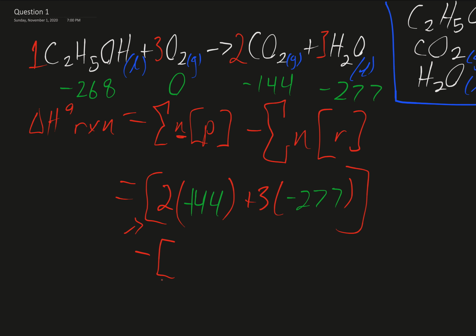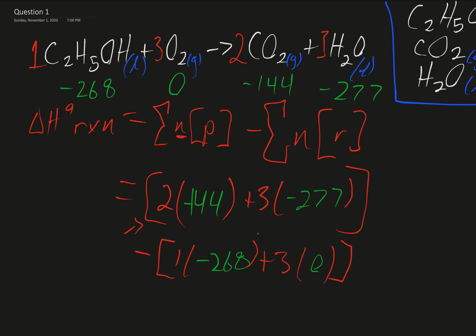And so first we see that we're going to have 1 mole of ethanol times the negative 268 kilojoules per mole. And that's going to be added to the 3 moles of oxygen. But in this case, we see that the heat of formation is going to be 0. So we don't really have to take into account this oxygen here, but it is nice to write down everything just in case of errors, right?